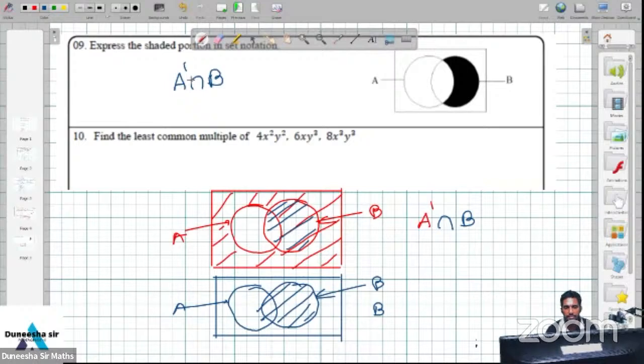intersect B. හරි මේ දෙකටම පොදු කෑල්ල නේද ඔය මම පාට කරලා තියෙන්නේ. බලන්න, මම A ට අයිති නැති කෑල්ල ඉස්සරවම රතු පාටින් පාට කරා. හරි දැන් ඊට පස්සේ මම නිල් පාටින් B කියන එක පාට කරා. ඔය දෙකටම පොදු කොටස නේද දැන් මම මෙන්න මේ කළු පාටෙන් පාට කරලා තියෙන්නේ. හරි එහෙනම් දෙකටම පොදු මොකද්ද? A dash intersect B. Is it? තේරුණාද?